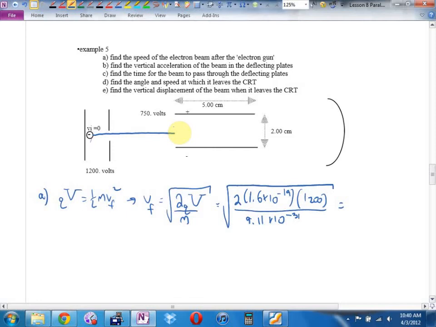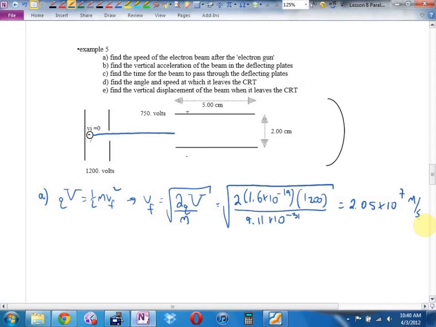Anybody else? 2 point what? 2.05 times 10 to the what, Katie? 7th or 6th? 7th? Okay, they come shooting out there. Well, of course they come fast. Your eyes can't even see them moving. They're moving so fast.